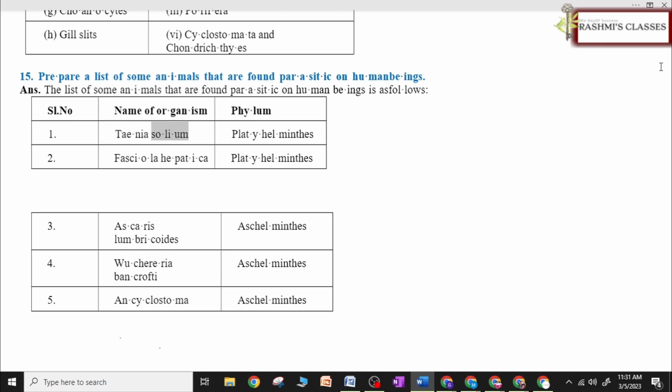Taenia solium, Platyhelminths. 2. Fasciola hepatica, Platyhelminths. 3. Ascaris lumbricoides, Aschelminths. 4. Wuchereria bancrofti, Aschelminths. 5. Ancylostoma, Aschelminths.